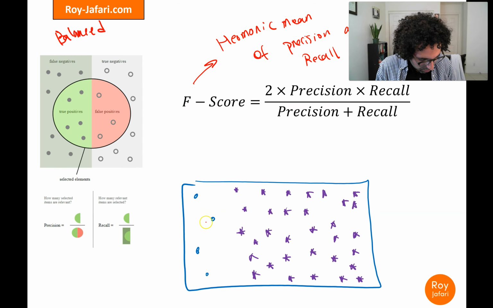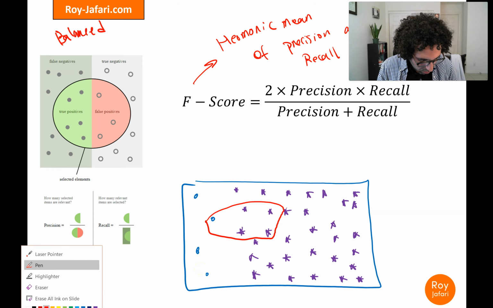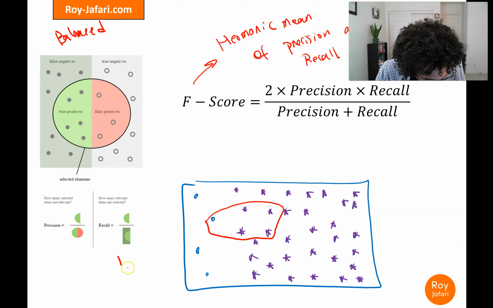This is very comparable. So now, if we pay attention, our recall is going to be based on these 4 values. Recall is going to be 1/4, and our precision is going to be 1/5.